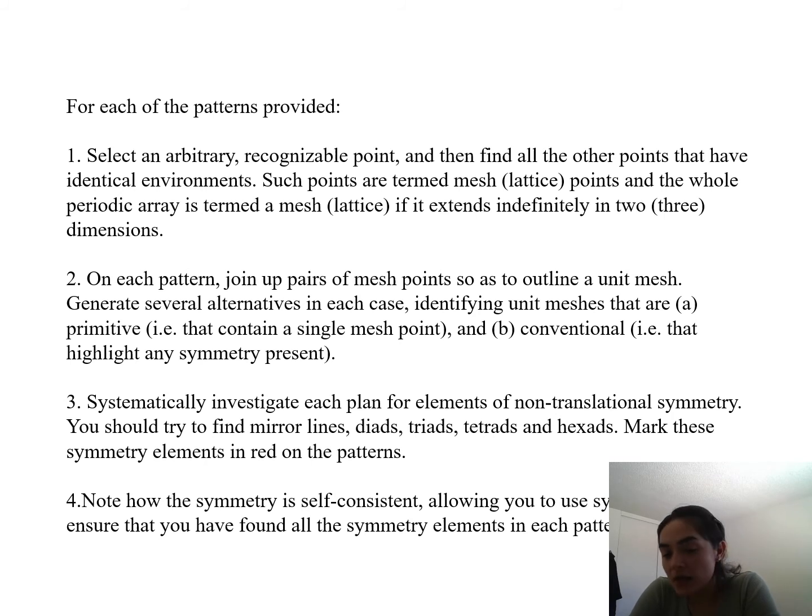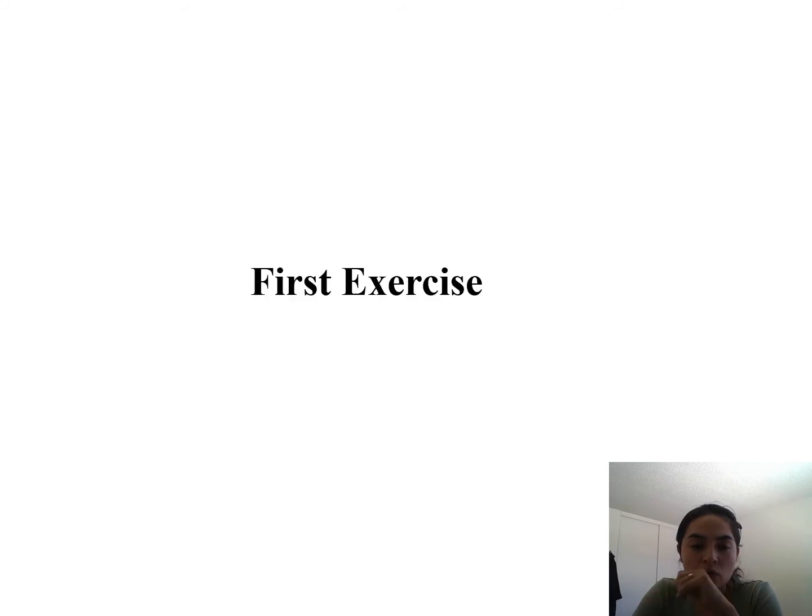You can think of it as having one atom, and if you translate it along some direction by some length, you can keep repeating this array and have the lattice or the mesh of different atoms, or in this case different motifs or images in each of the patterns. So we're going to identify a point as the lattice point.